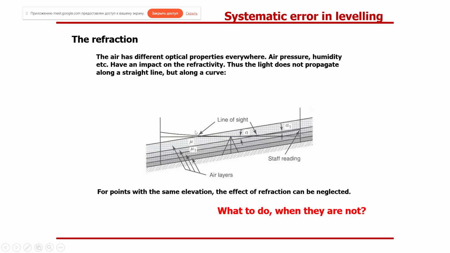So while we are leveling upon a slope, we should make the shoulders on every station not very big. In this case, the line of sight will be in the cold air, and the refraction will not affect our measurement.